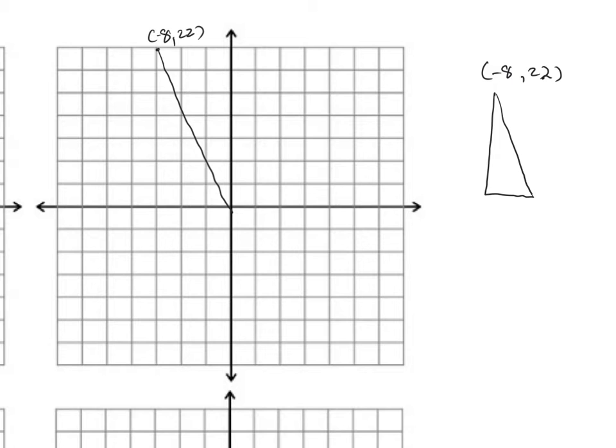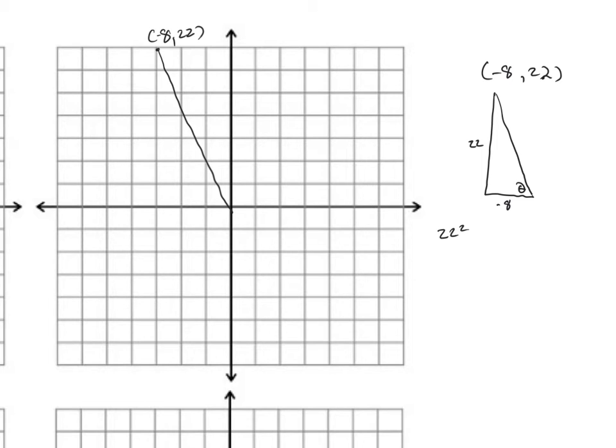I want this angle right there. My angle is always going to be the point of reference when I draw the triangles. So here it is over 8, so this is negative 8, and this is 22. Well, I want my hypotenuse now.